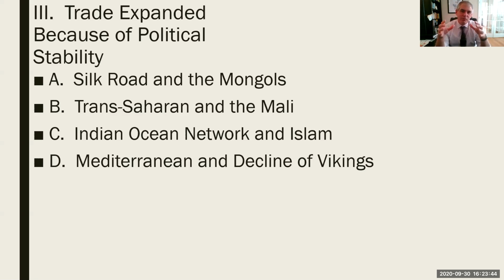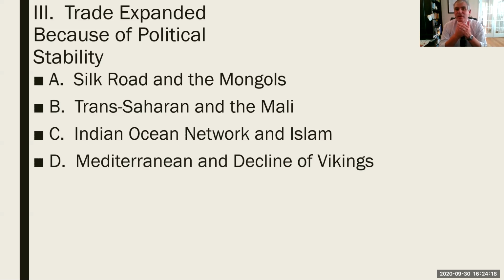What pulled a lot of those merchants together, whether they be from the Swahili city-states or from the coast along South Asia, or out in Srivijaya in Southeast Asia, for the most part was their common Islamic belief. Even though you had a diverse population, having that single religion, for most of these merchants, created a sense of unity that allowed them to engage in peaceful trade.